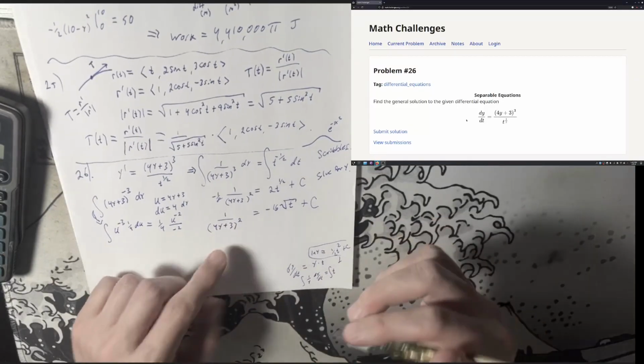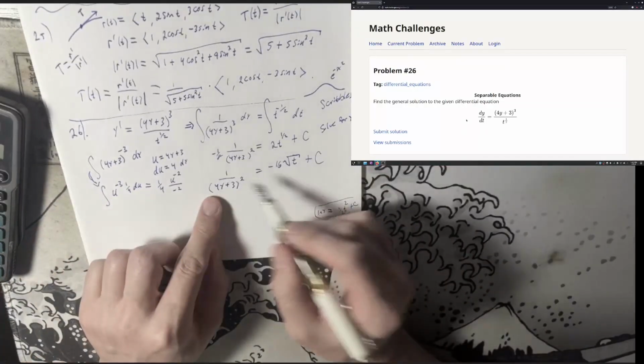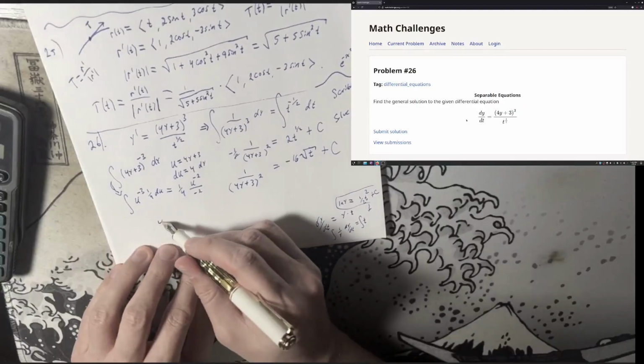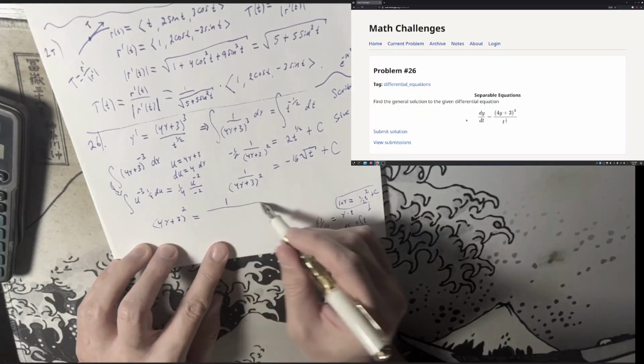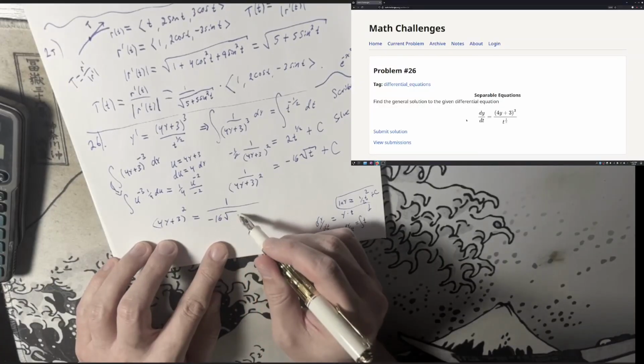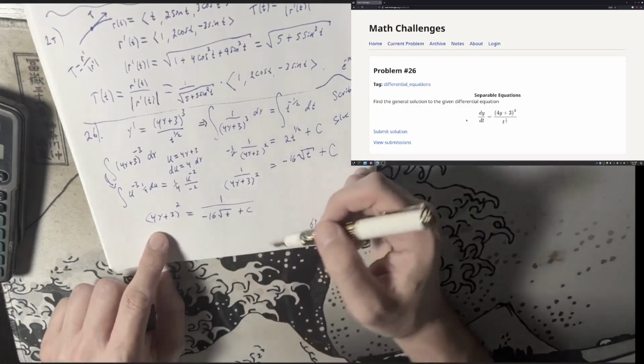And you want to solve for y, so take the reciprocal. Flip this upside down. Take 1 over both sides, and you'll get 4y plus 3 squared is 1 over this mess. And now take a square root and subtract.